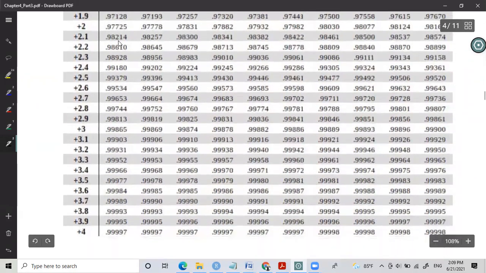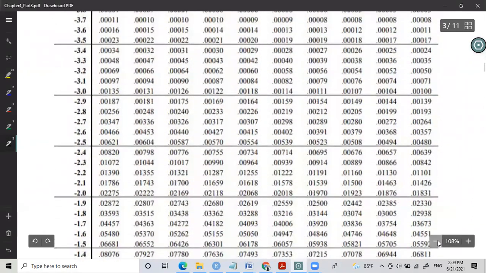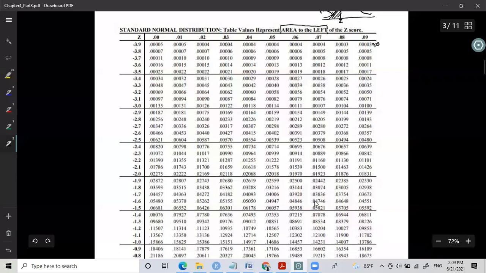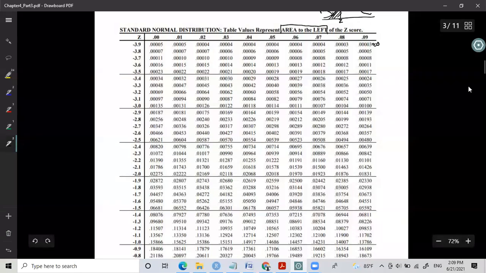Now we'll see how you can read the table. I'm going to make this a little smaller. So here's the table. I'll give you a few minutes to look at it. What are the things that you can see here? You have columns, rows, a bunch of numbers.